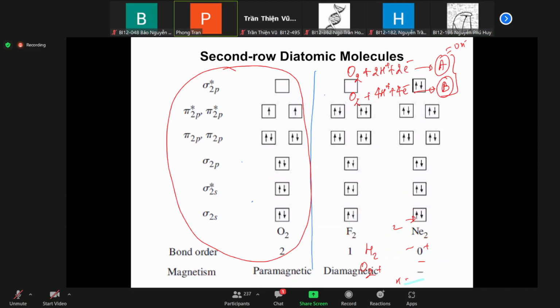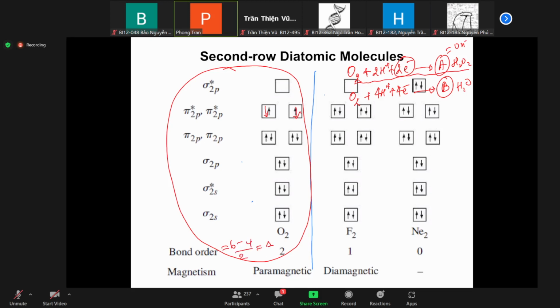Okay, I see one of you already provided a correct answer. So A should be H2O2 and B water. Why? In the case of A, you have 2 electrons. So you put 2 electrons in this molecule, and now the bond order will be 6 minus 4 divided by 2 equal to 1.